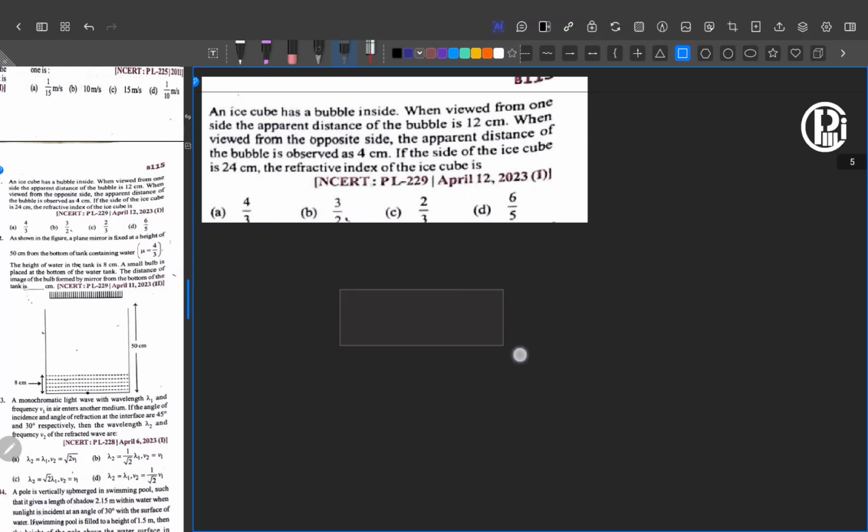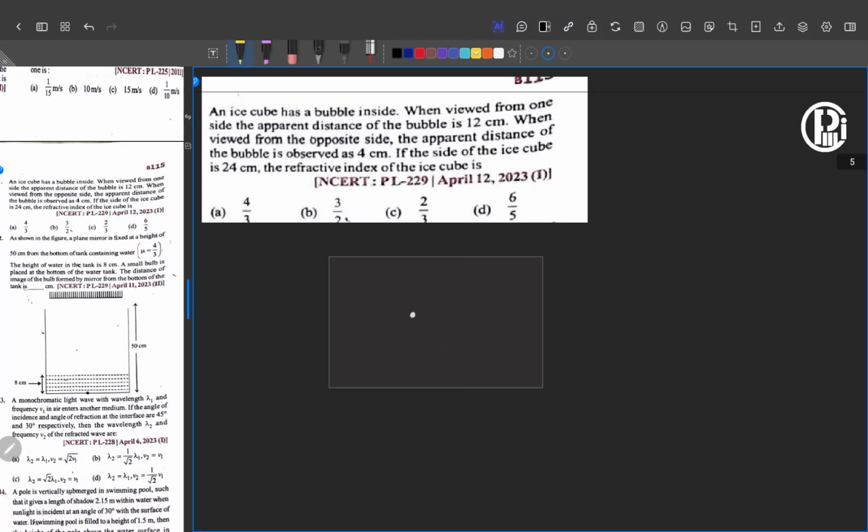So there is an ice cube, right? Say there is an ice cube. Now there is a bubble inside it. We don't know the actual distances from the interfaces.